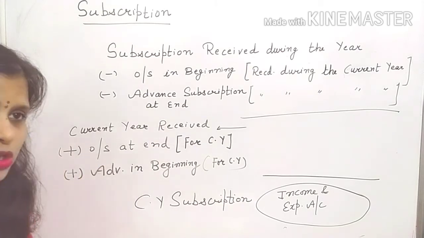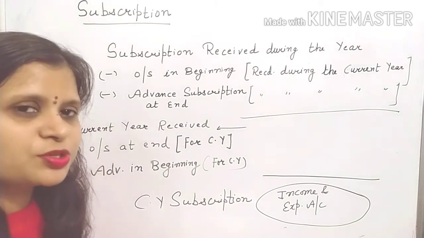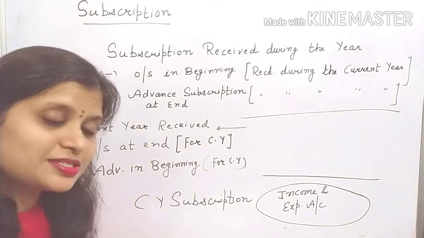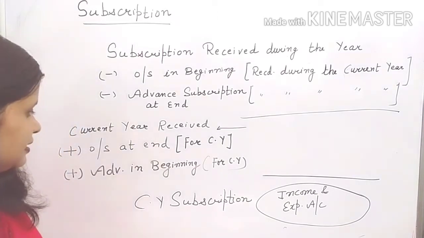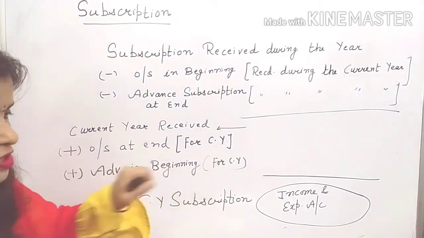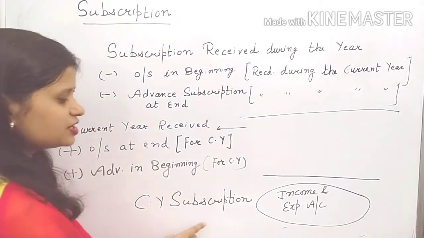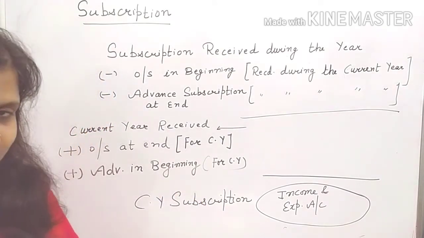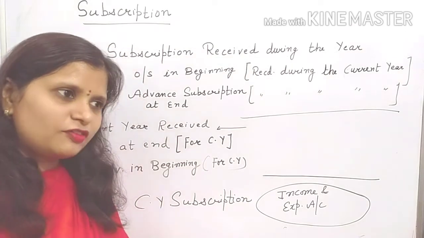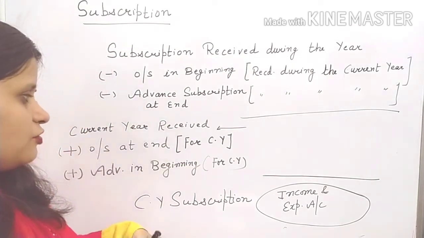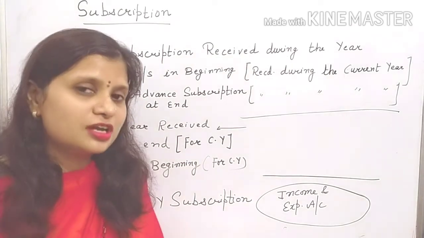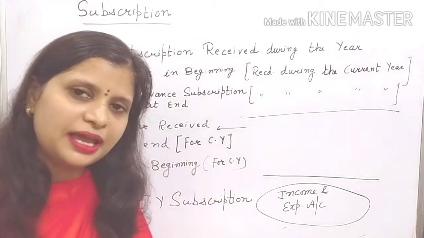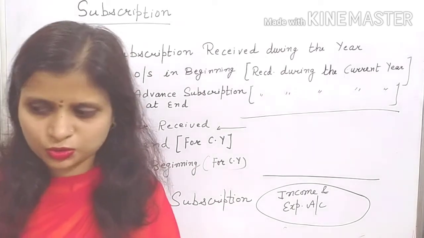And it is also possible that some amount of the subscription for the current year was received last year, that means advance in the beginning, that will be added to this subscription. The balancing figure will be the current year subscription income, whether it is received, outstanding, or was received last year. That amount will be shown in the income and expenditure account.